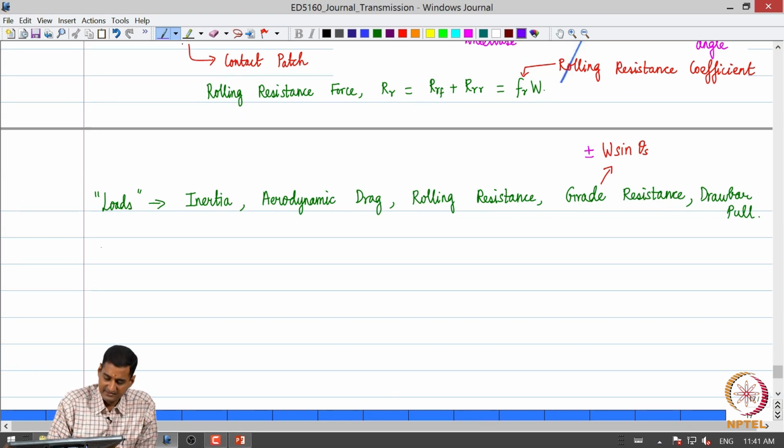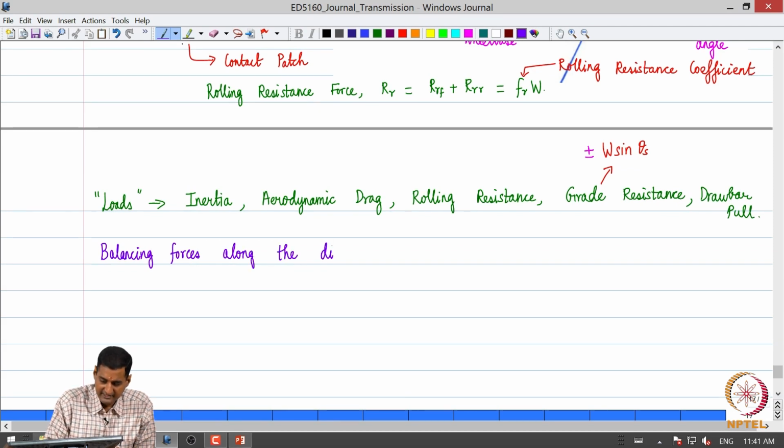So, balancing forces along the direction of motion yields the following, right.